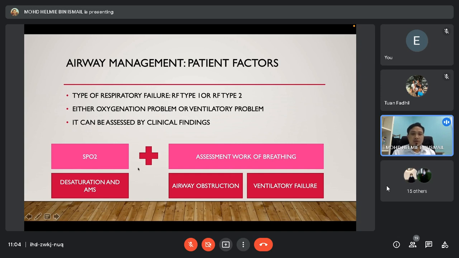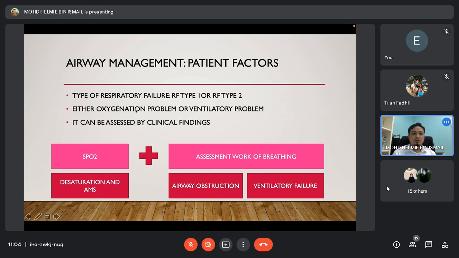So based on these two factors, you can easily manage this patient. If ventilation is okay but the oxygen is not okay, you just give supplemental oxygen sahaja.